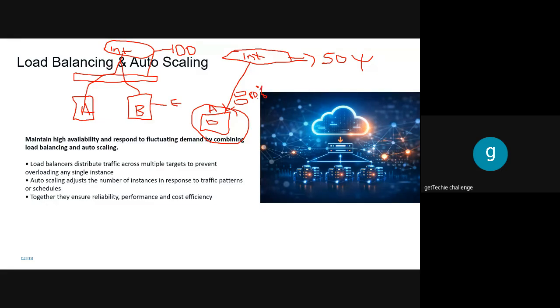With this auto scaling configuration, immediately the server gets to about 70%, it triggers auto scaling on its own without you being there. It will create another copy of this server, B.